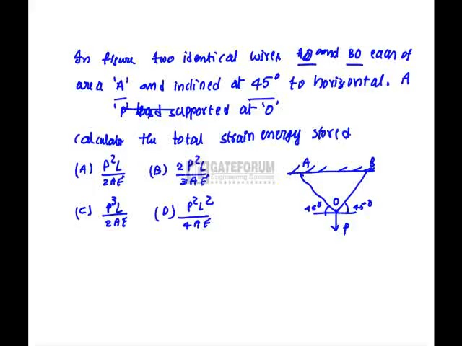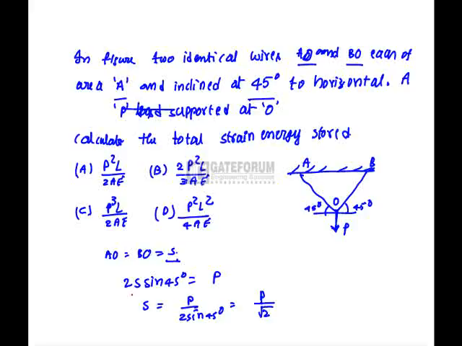A load P is supported at O. Let the force in each wire be S. Resolving the force at O vertically, we have 2S sine 45 degrees is equal to P. Therefore S is equal to P by 2 sine 45 degrees, that is equal to P by root 2.